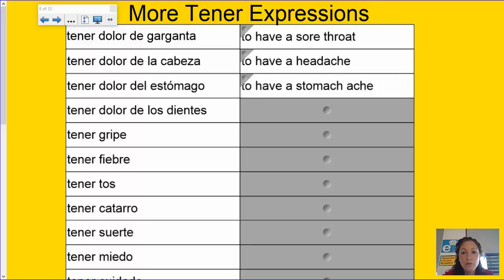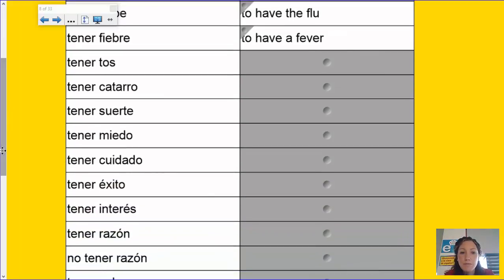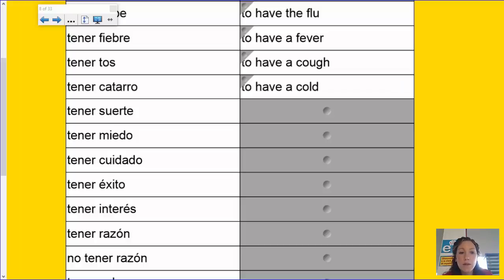Tener dolor del estómago, to have a stomach ache. Tener dolor de los dientes, to have a toothache. Tener gripe is to have the flu. Tener fiebre, to have a fever. Tener tos, to have a cough. Tener catarro is to have a cold.